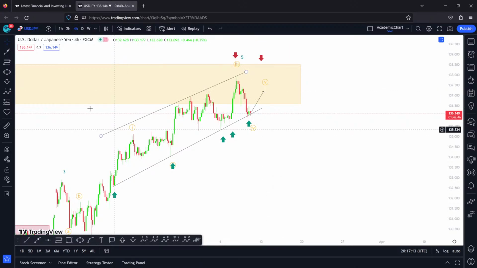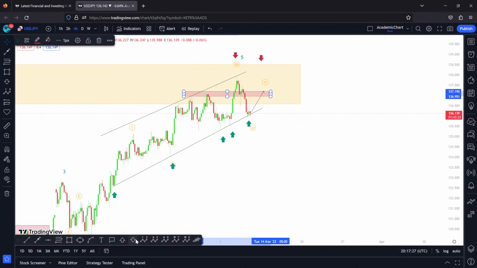If that happens, I can see here is another level. Maybe I can draw it with another color here. Hopefully I have another color. So this might be the level where I'm seeing some resistance in the hourly. What it's going to create for me, if that's the case, is a possible head and shoulders.